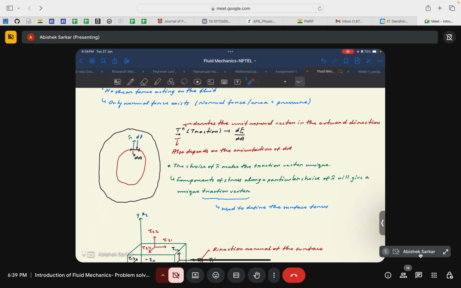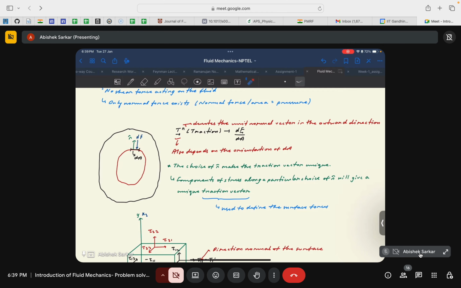So it is by the normal vector of the area that we take into account the significance of the orientation of the area upon which the force acts, and thus the eventual definition of the traction vector.